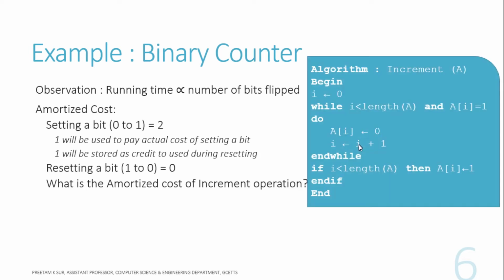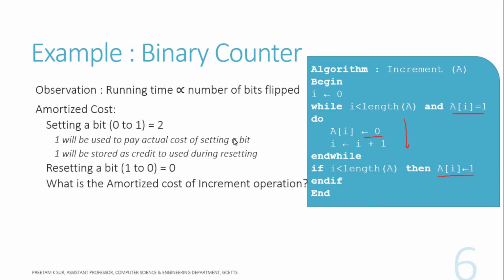So this was the algorithm, right? In the while loop it is checking if any bit is 1, from the right side or from the LSB, and making it 0, right? And once it gets out of the loop, it checks if it is in range, and then makes the ith bit go from 0 to 1, right?